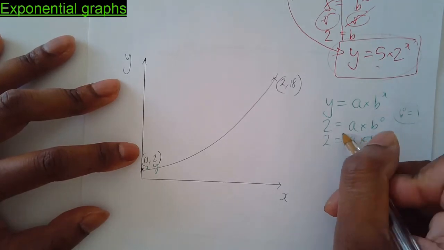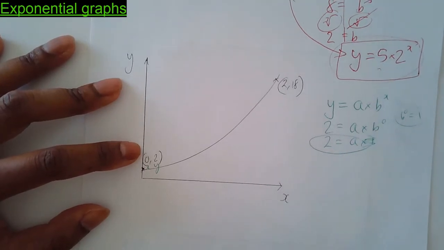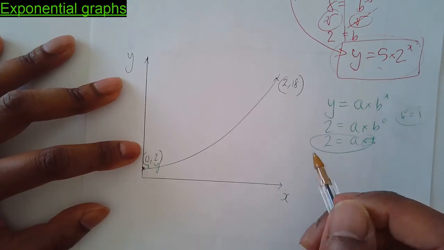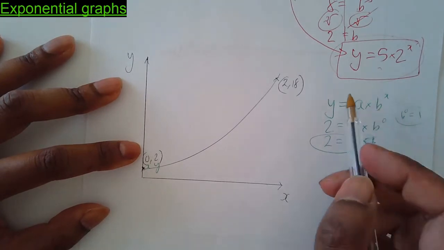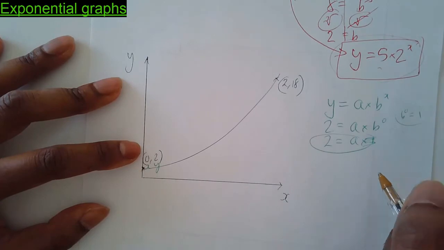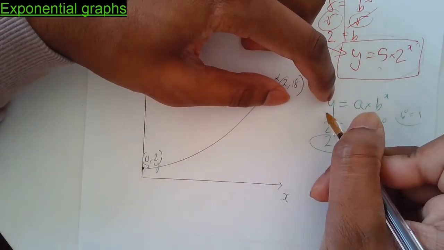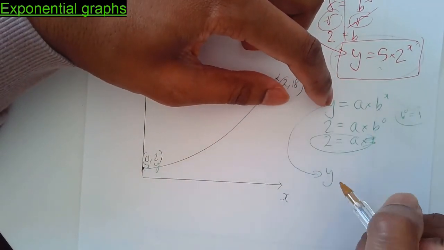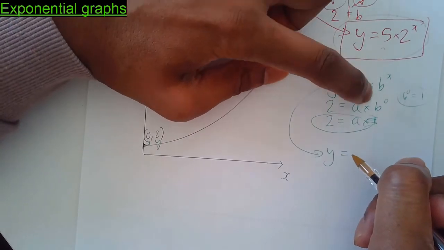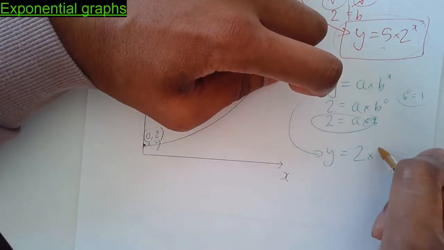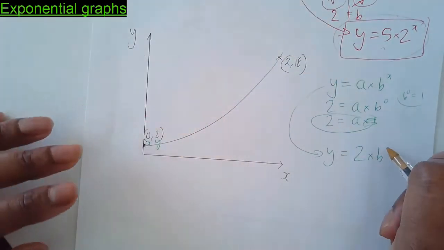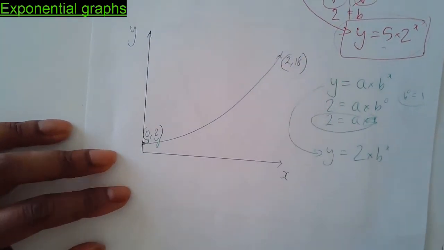We've found one of the letters already. Now we need to find the value of the other letter, and this will help us. y is equal to a, we know what it is now, times b, we don't know what b is, but we'll find out in a moment using this.